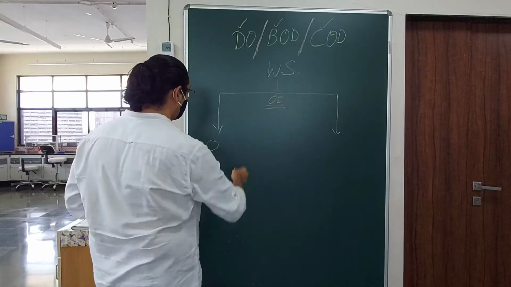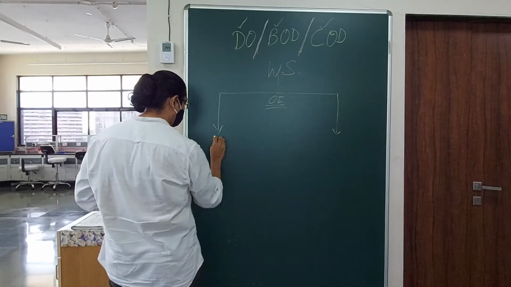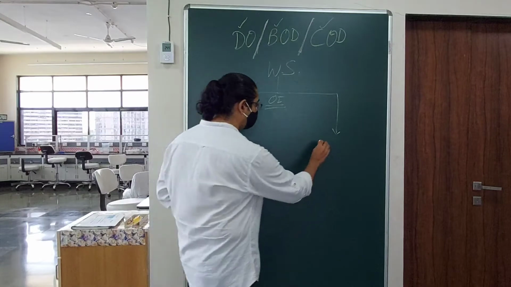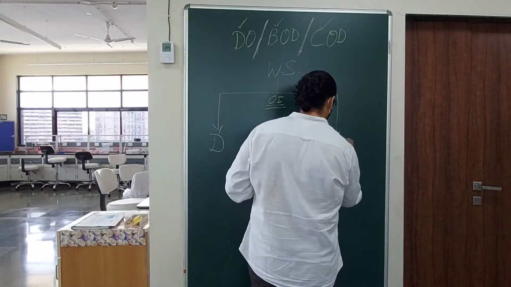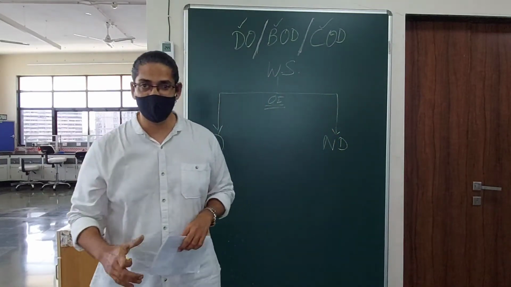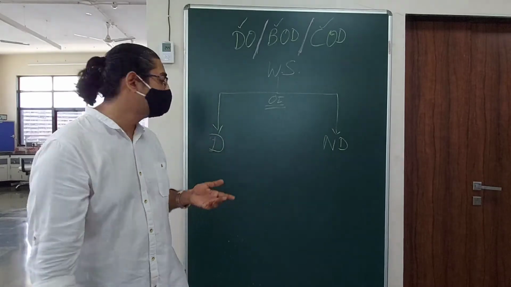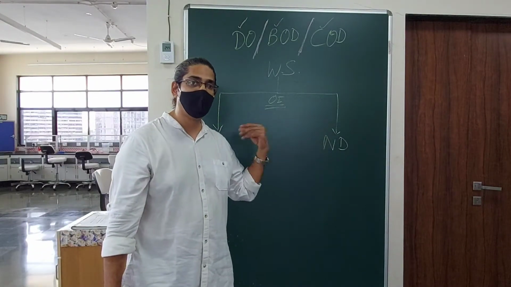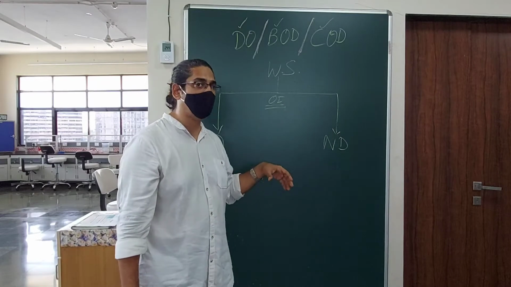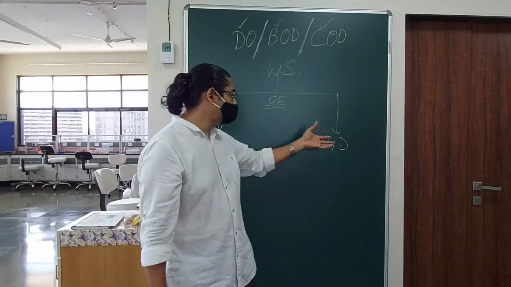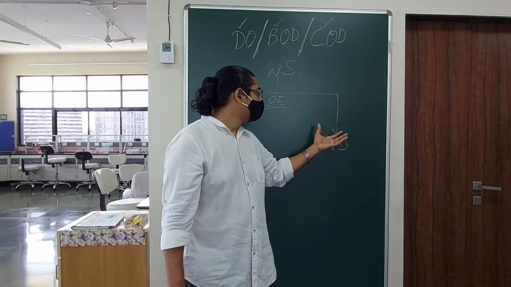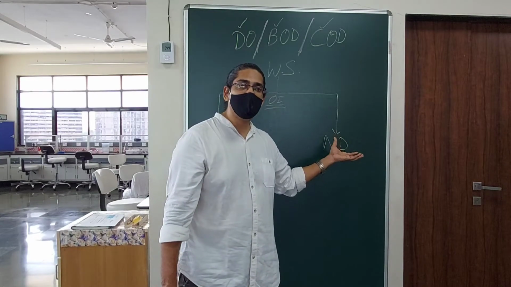Now, these organic impurities can be degradable, I'm calling it D, or non-degradable, like plastics. Degradable waste is what? Like our domestic waste, like leaves, trees, grass, those kind of impurities. Non-degradable, of course, plastic being one of the biggest culprits, which cannot be degraded by bacteria.